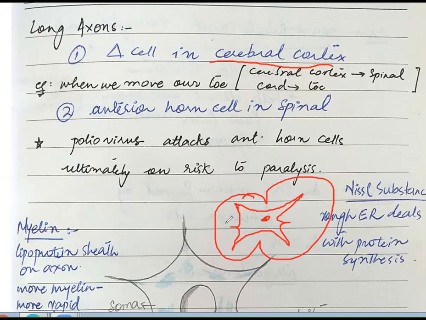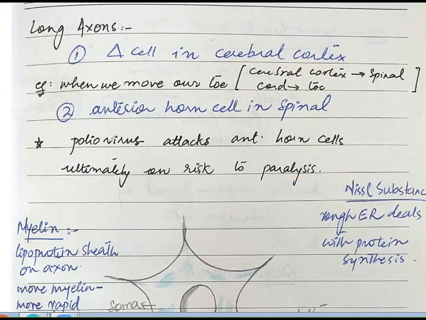So it has horns. This is the posterior or dorsal horn, this is the anterior horn, and this is the lateral horn. So the long axons are present over here in the anterior horns. Okay, so this is some general knowledge for you again, that the polio virus attacks the anterior horns, ultimately leading to paralysis. It's just general knowledge, it can help you in microbiology.